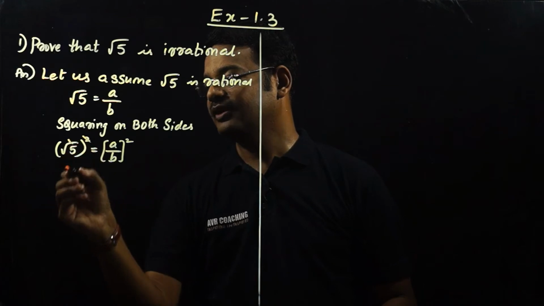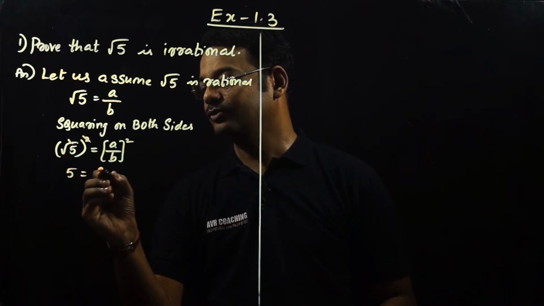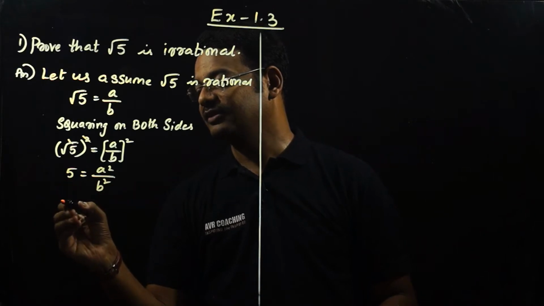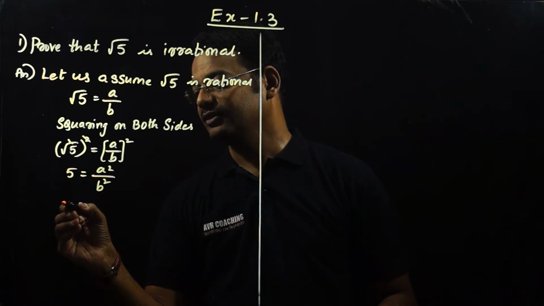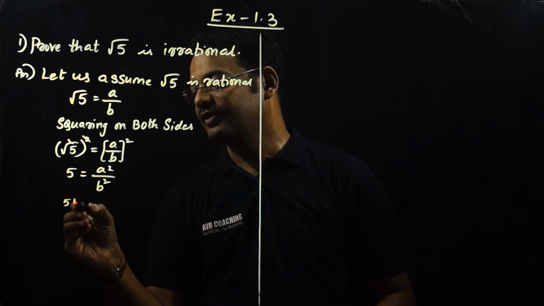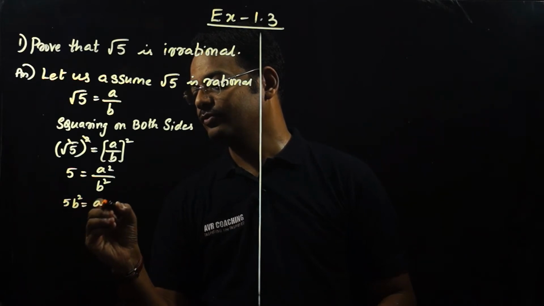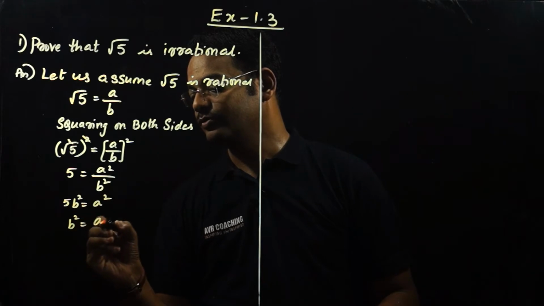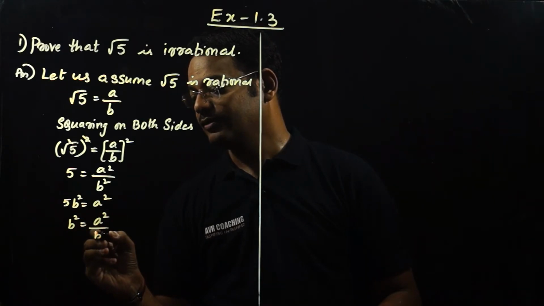So this root gets cancelled. 5 is equal to a square by b square. If we cross multiply this, we get 5b square is equal to a square, or b square is equal to a square by 5.